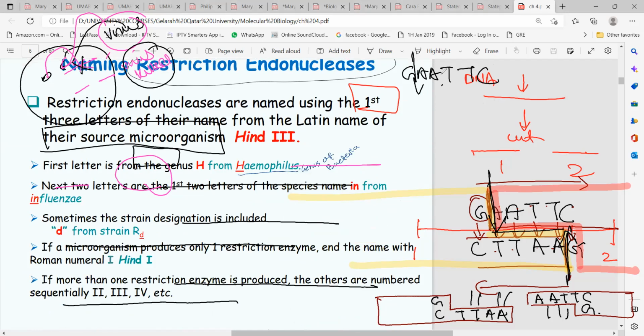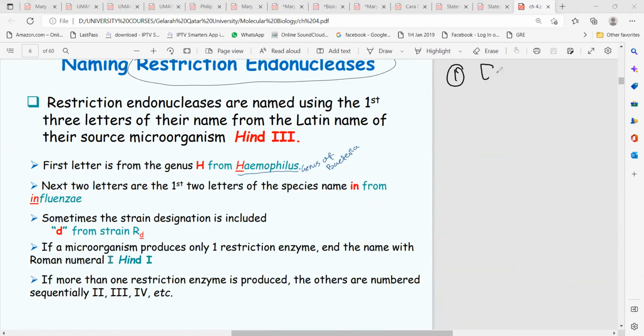Now we just study one example, which is EcoRI endonuclease.